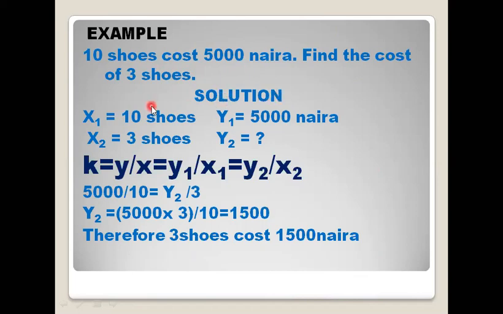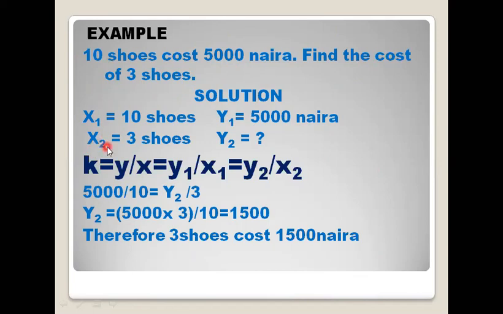So solution. In the question, you can see we have 10 shoes. Assuming we take our x1 to be 10 shoes, and the first cost will be our y1, which is 5,000 naira. Now they said we should find the cost of 3 shoes. The number of shoes has changed from 10 to 3.